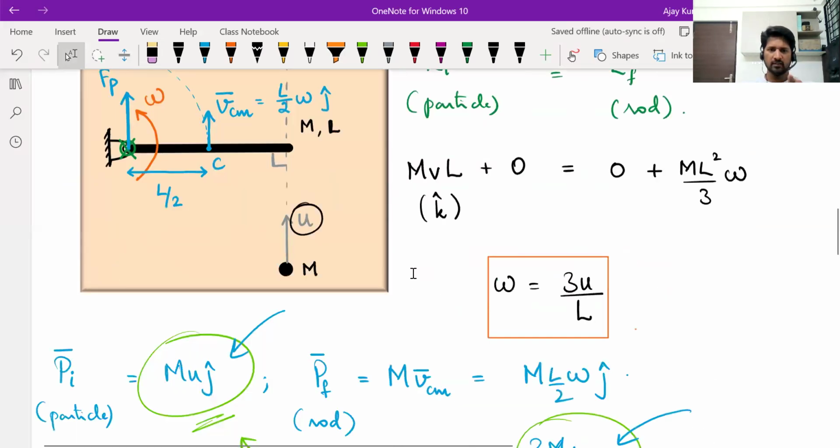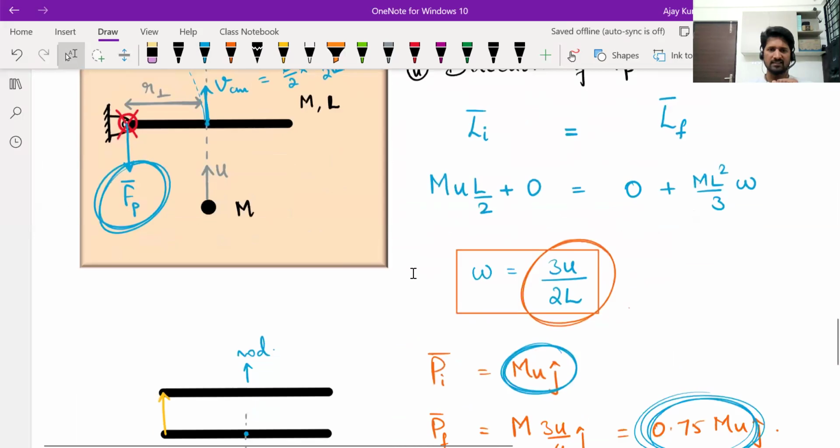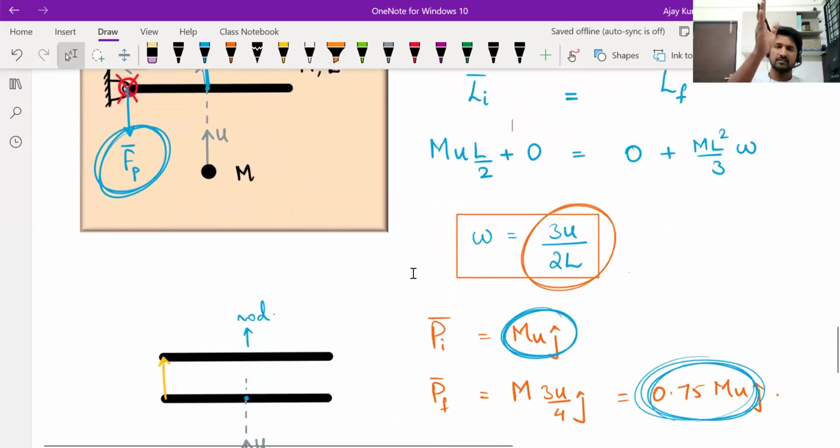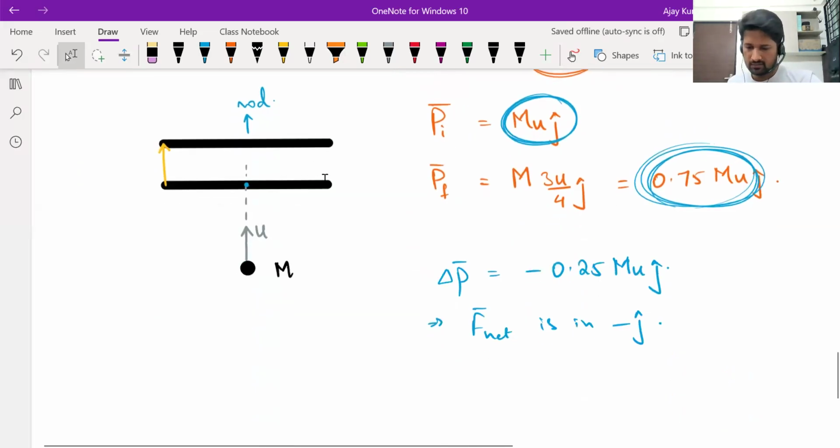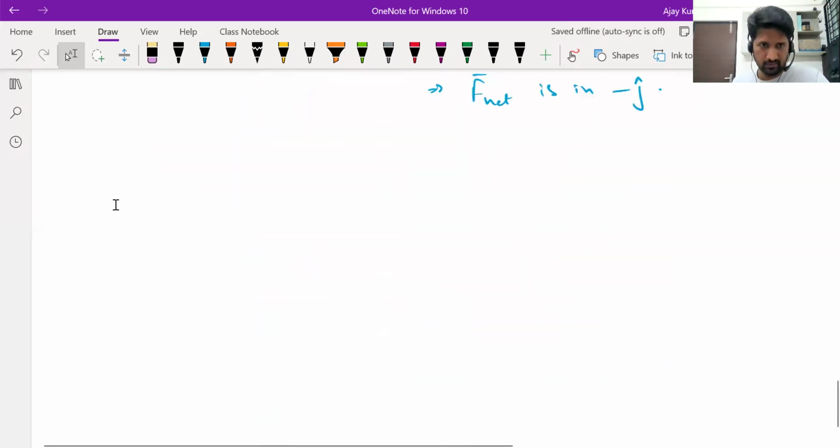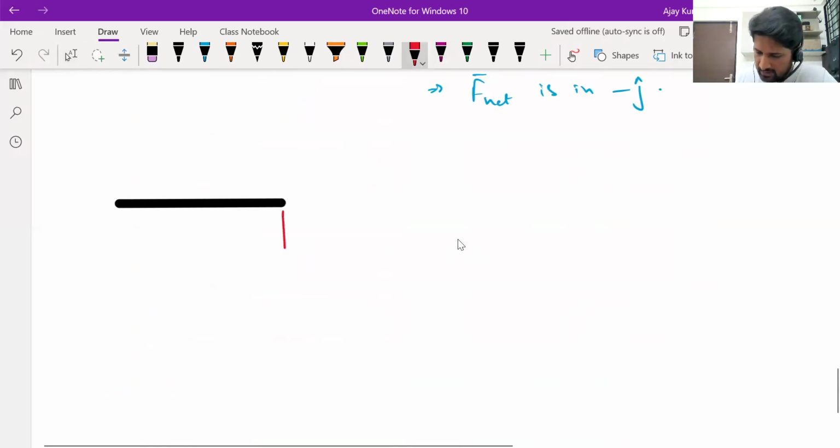But if you hit the pen exactly at the center, the left end has a tendency to go up. So basically, if you hit the rod at this end, the left end tends to go down. But if you hit the rod exactly at the center, the left end tends to go up.